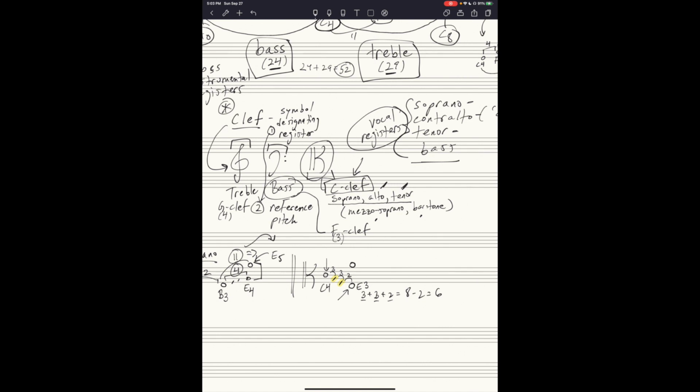If you want a somewhat faster way of doing it, what is a 5th below C4? A 5th below C4, which will land us right there on the first line, is F3. And what's a step below F3? Well, it's E3. Okay, you get it.